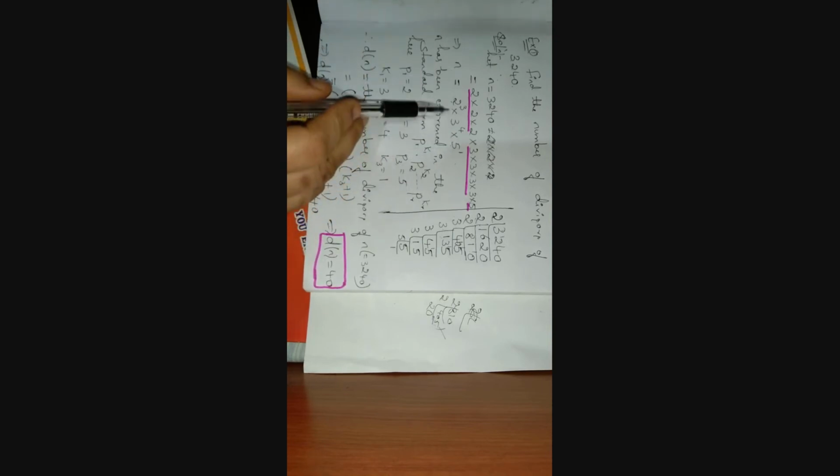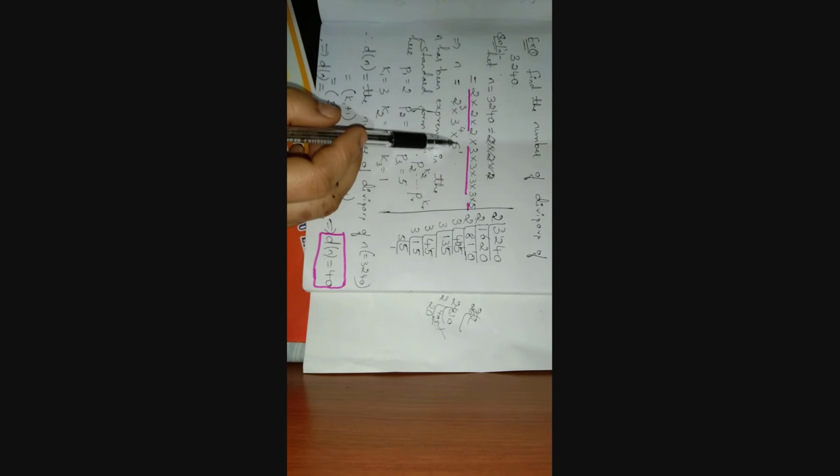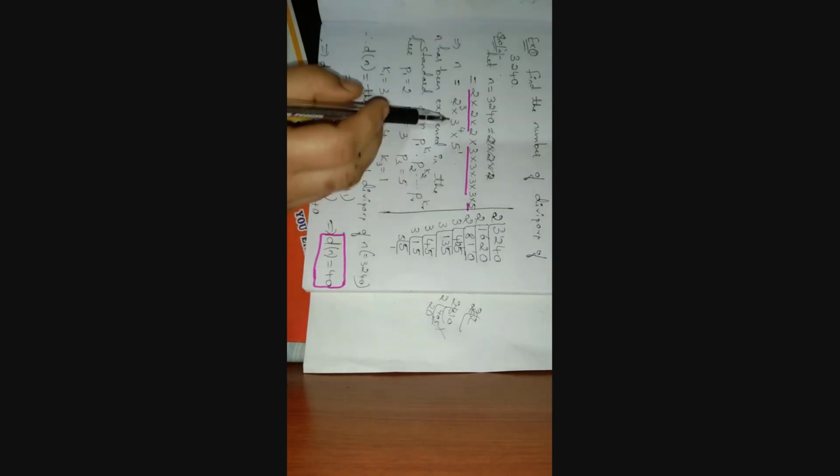N has been expressed in the standard form, where p1, p2, k1, k2, k3 and all these values are something like this. If we compare this with this, d of n denotes the number of divisors for the given number. This is a formula you are supposed to remember: d of n is equal to (k1 plus 1)(k2 plus 1)(k3 plus 1).